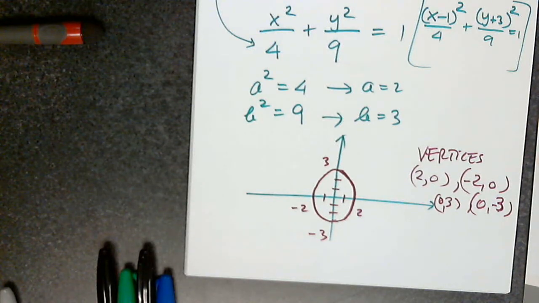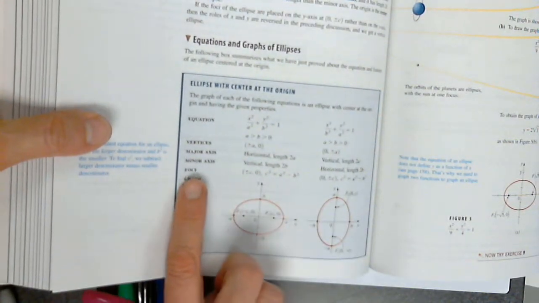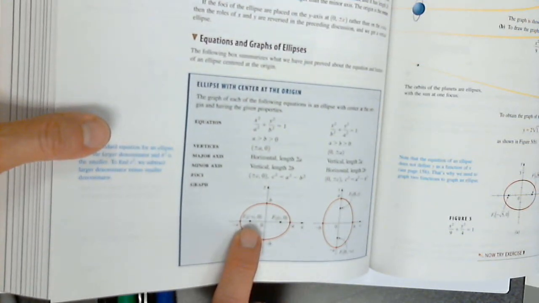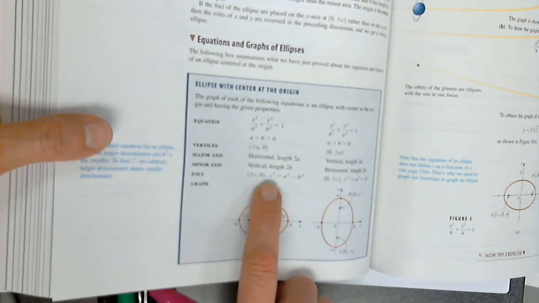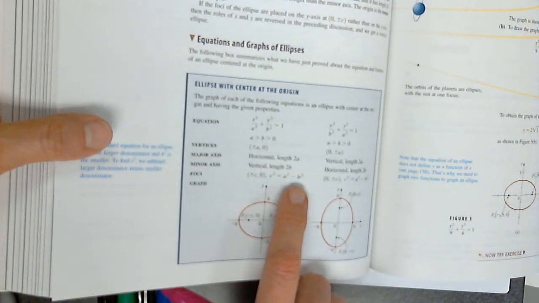Let's identify now the foci. Okay. In order to identify the foci, let's take a look. F1, we need to find this constant, which is c. C squared is a squared minus b squared.